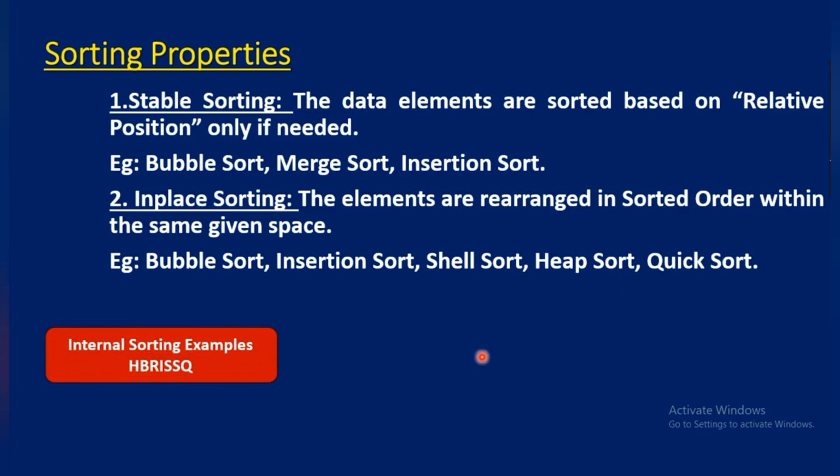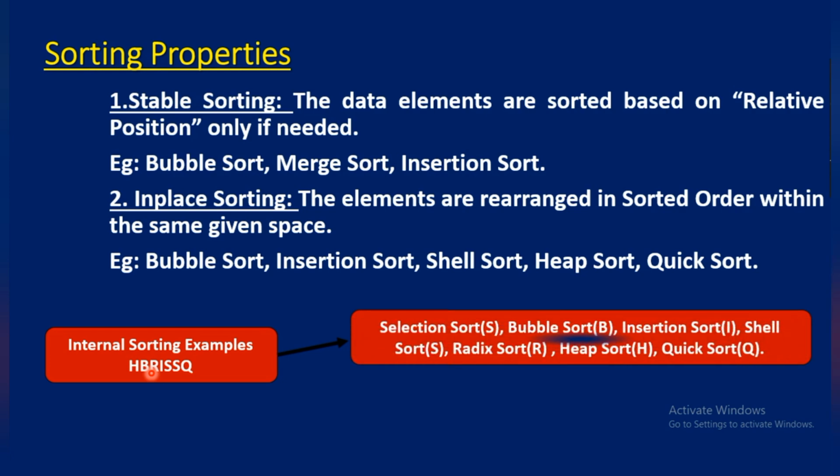Now we are going to discuss some of the internal sorting examples, right? This word, for example, HBRISSQ. So this is a short representation to help you remember easily. You can pronounce it as HBRISQ.